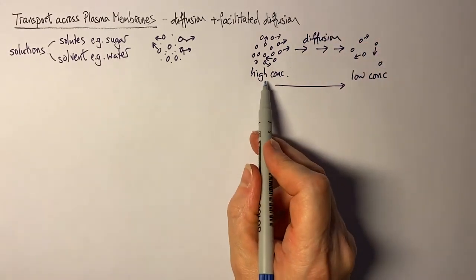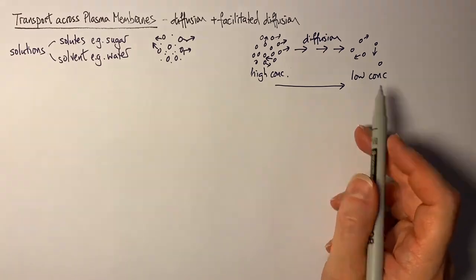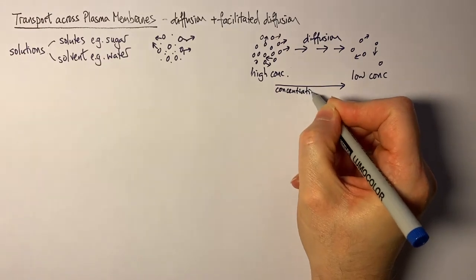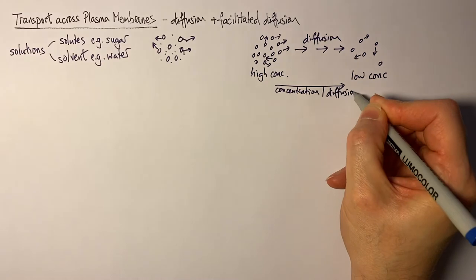And because we have a high concentration here initially and a low concentration there, we call this a concentration or diffusion gradient.